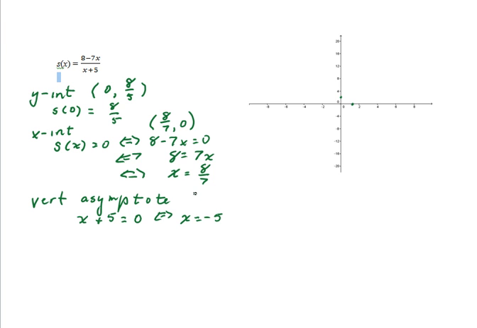So the vertical line will have the equation x equals -5. We're counting by 2's here, and so -5 on the horizontal axis would be about here. It's the vertical asymptote.